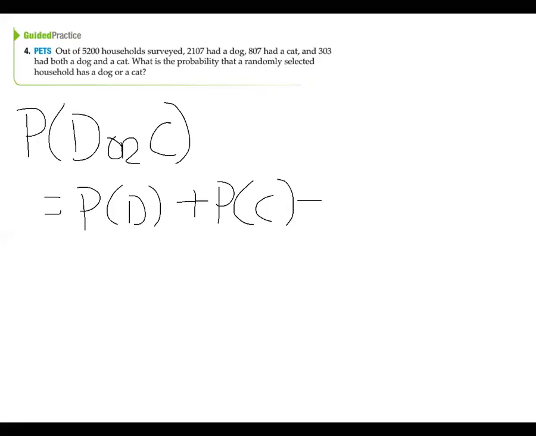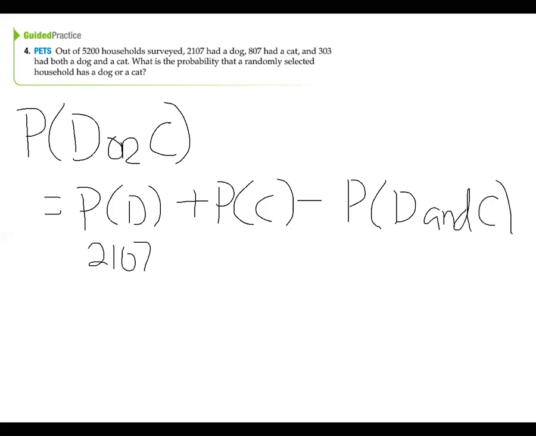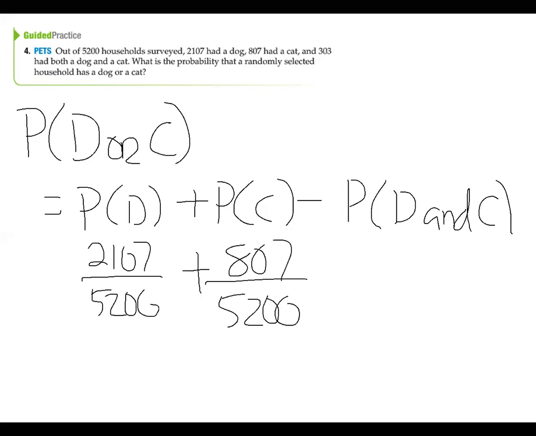So you have to subtract the probability of a dog and cat. So the probability of a dog is 2107 divided by 5,200, plus the probability of a cat, 807 divided by 5,200, minus the probability of a dog and a cat, 303 over 5,200.